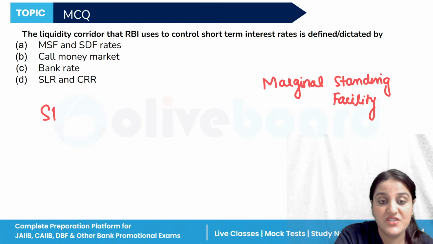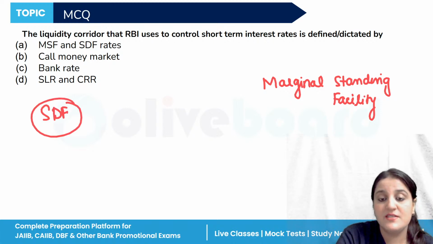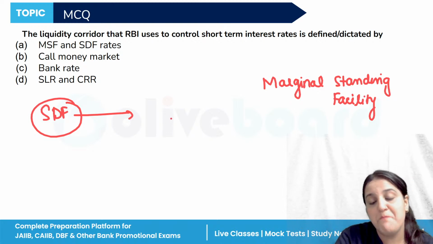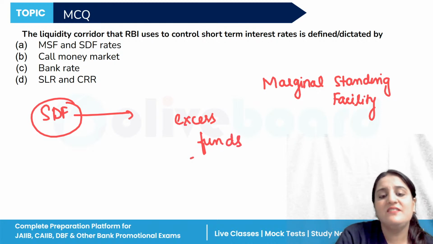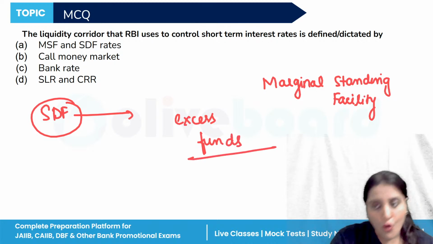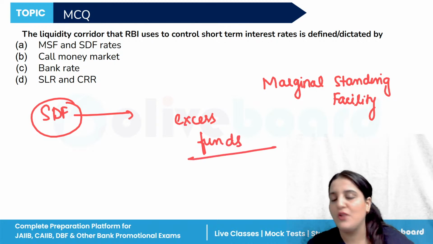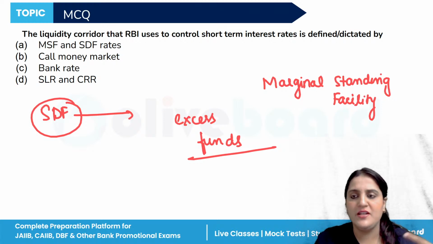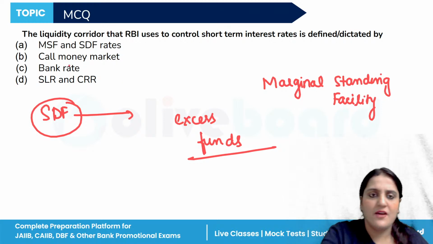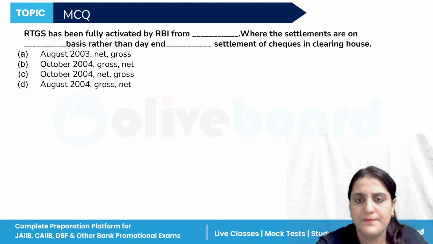And SDF is the standing deposit facility. This is the rate at which the bank can park their excess funds with the RBI overnight without any collateral. It acts as the lower limit of the liquidity corridor. That means our option A is correct.